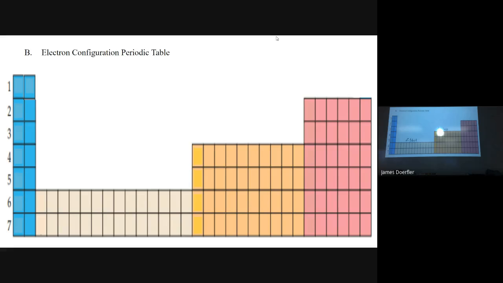What letter do we represent principal quantum numbers with? N. Very good. A lowercase n. Principal quantum number. Okay. When it comes to crossing into the D blocks, F blocks, these numbers change.